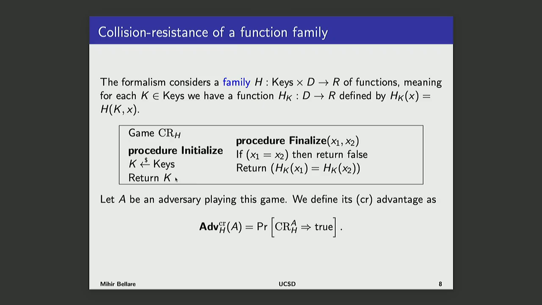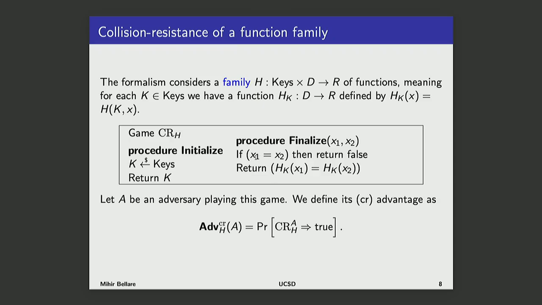So what does it have to do? Its job is just to find two inputs which have the same output under this function h_k. So there's no non-trivial procedures. The adversary just trundles along, and eventually it says, okay, here's my two guesses, x1 and x2. Please check that I'm correct. And the game will look at those and check the collision conditions.